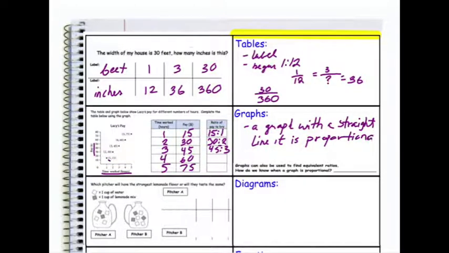If it goes kind of on a diagonal, if it goes straight across, if it goes down, those are all straight lines. What I'm discussing is a graph that goes like this is not proportional, right? And how do we know when a graph is proportional? It is a straight line.